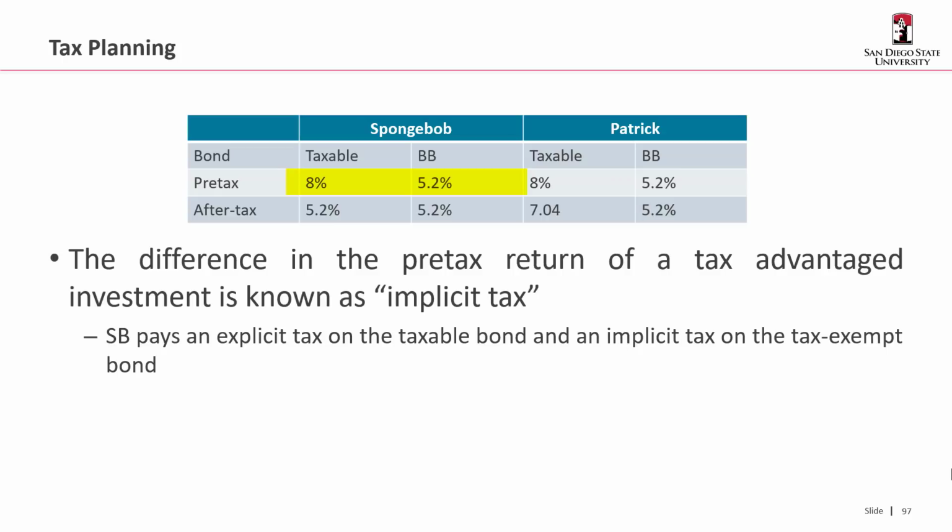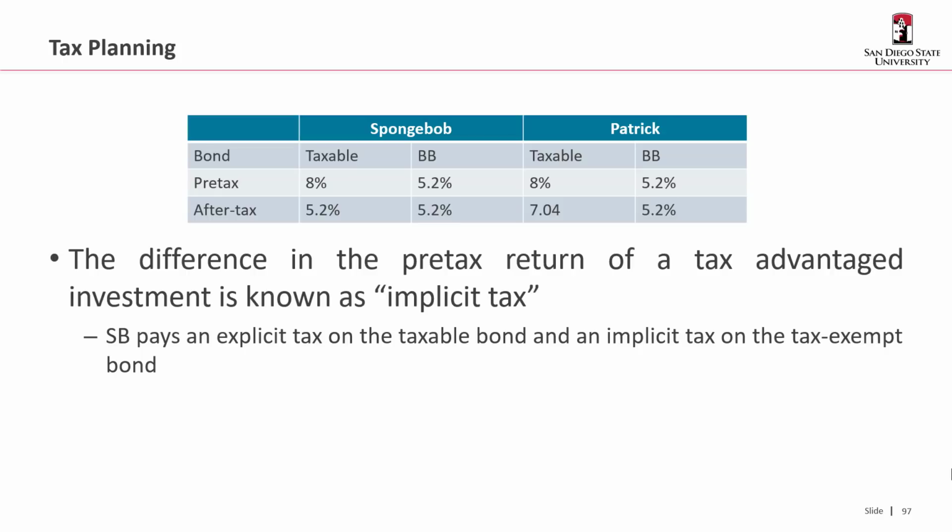So the difference in the pre-tax return of a tax advantage investment is known as the implicit tax. So when you look at SpongeBob's arrangement, his pre-tax return on the taxable bond is 8. His pre-tax return now on the Bikini Bottom bonds, thanks to Sandy, is 5.2.